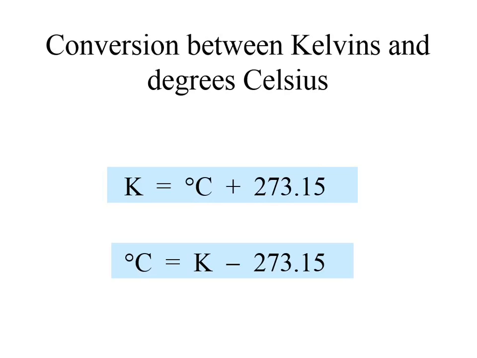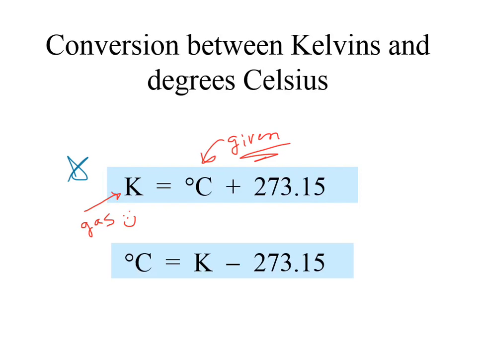Remember, there will be gas problems on your final. So if you are given, for instance, Celsius temperature, it's metric, right? But you need the Kelvin temperature because you're dealing with gases. This is what you do. You add 273.15 units to it. That's probably the most likely scenario.